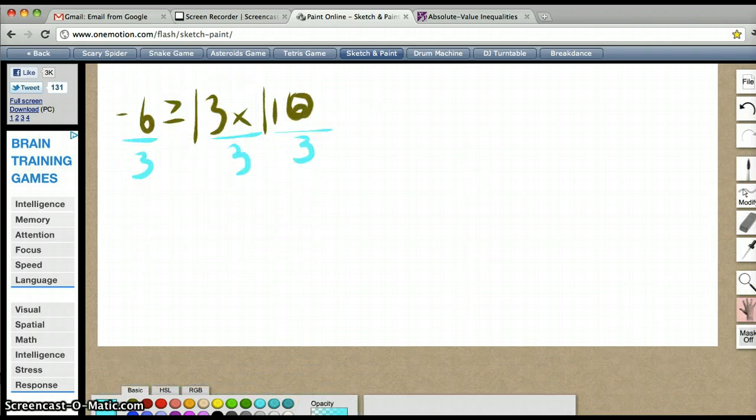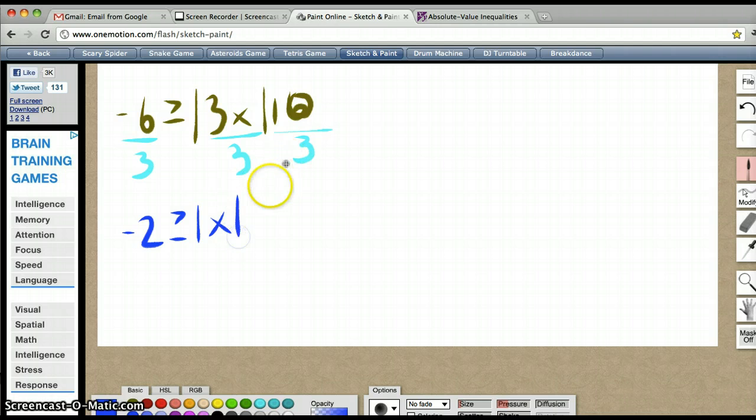So our new equation is a negative 2, because a negative 6 divided by 3 is a negative 2, is greater than or equal to x, which is greater than or equal to 10 thirds.